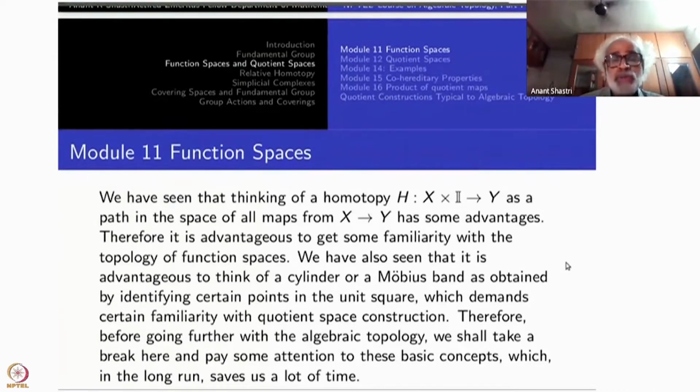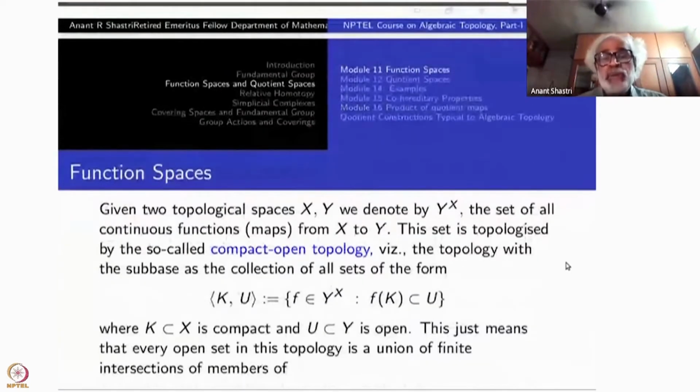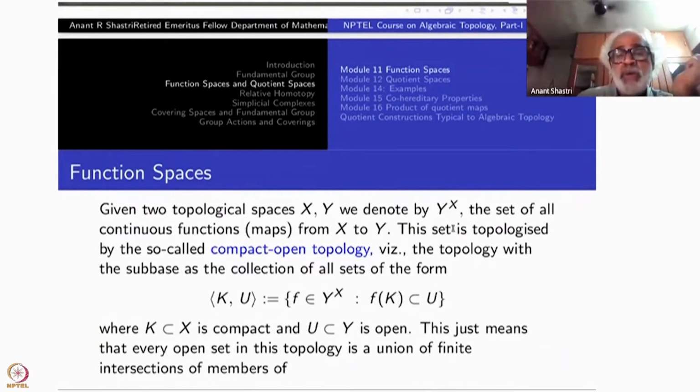Later on, we will talk about quotient spaces also. Given two topological spaces, let us denote by Y power X the set of all continuous functions from X to Y. In point set topology, this notation is used for the set of all functions from X to Y, namely the product of Y taken X times, X many copies of Y. Since we are not interested in all functions, only continuous functions, because X is not an arbitrary indexing set here but a topological space itself, we will use this simplest notation for the most used concept.